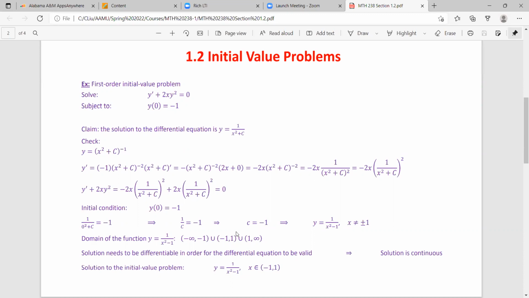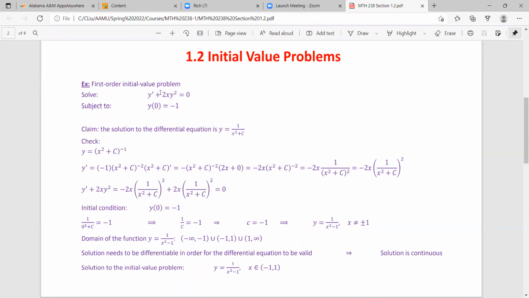Well, remember, this is very important. People are usually not aware of it. When you write down a differential equation, that means automatically the derivative exists.